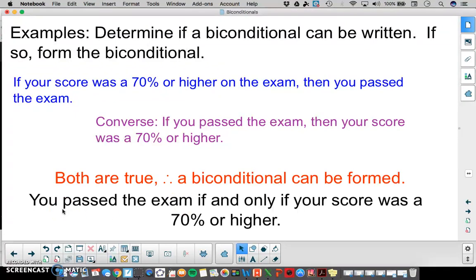You passed the exam if and only if your score was a 70% or higher. Notice that you can put the statements in either order. It doesn't matter whether you start with the original hypothesis and conclusion or you use the order from the converse. Because the biconditional can go either direction, it does not matter.